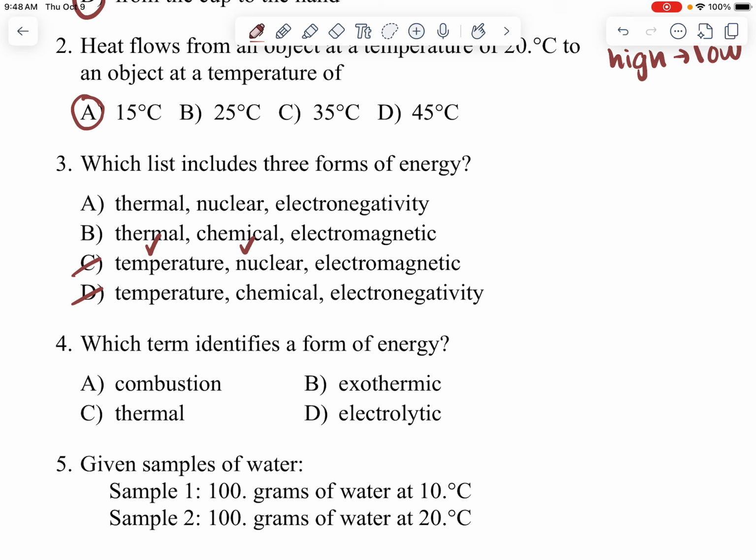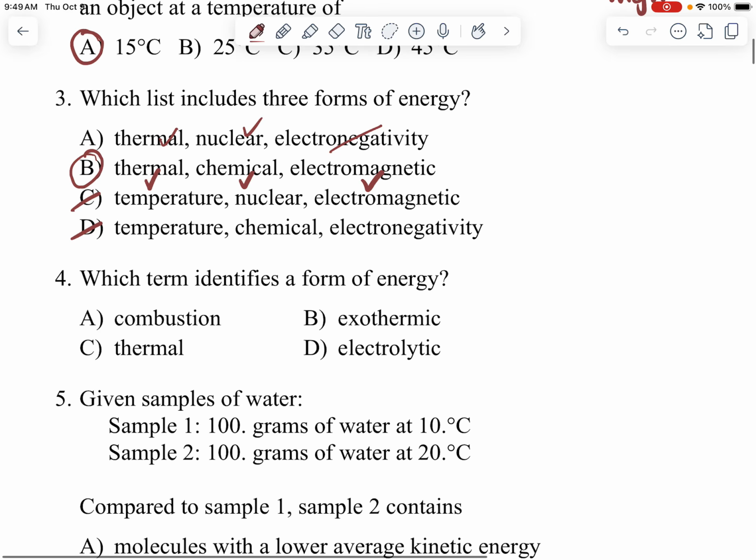Chemical energy is the energy stored in bonds, and electromagnetic energy is like radio waves or microwaves, right? It's waves of energy. These two are energy, but this other word, electronegativity, we're going to learn later in the year. This is not a form of energy.